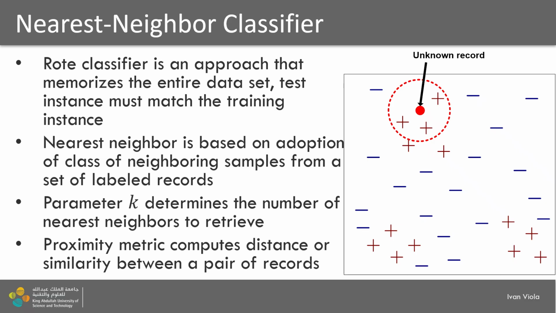But to this technique, nearest neighbor is somewhat related, in that it inputs into the model an unknown record, and the algorithm of nearest neighbor will return the class which is dominant in the neighborhood of the unknown record.